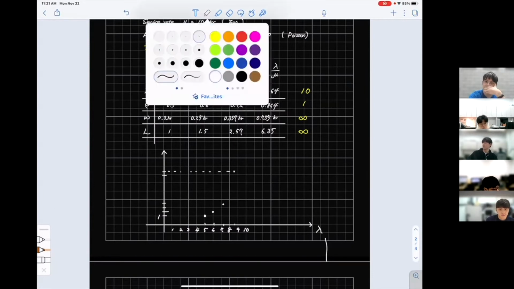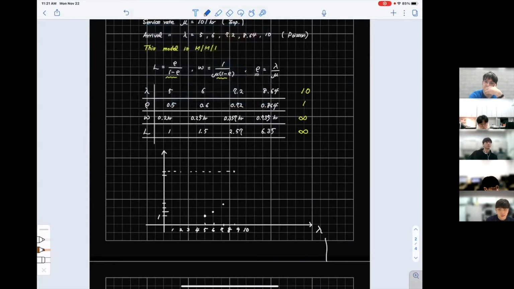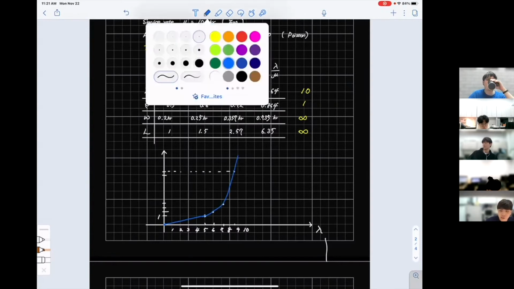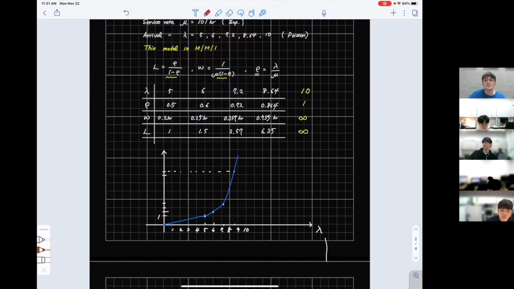By plotting these lines, how about 0? When lambda is 0, the Q length is also 0, so it starts from here. There is some divergence.